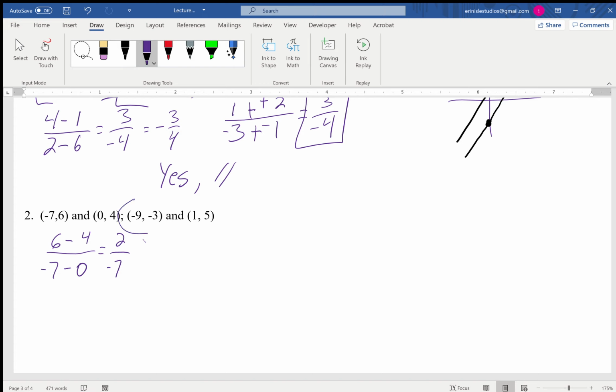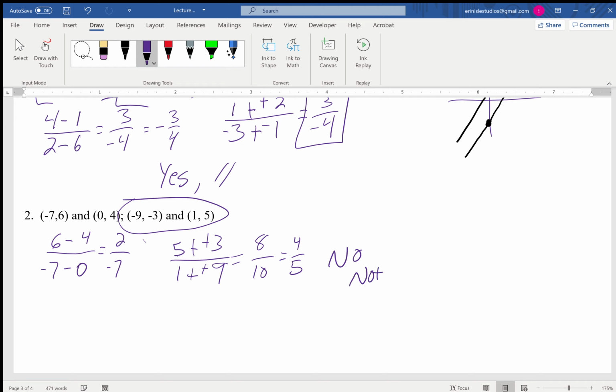On our second set, 5 over 1 minus negative 3, which is my y, minus negative 9. Plus a positive, plus a positive. So now I have 5 plus 3 is 8, over 9 plus 1 is 10. This simplifies to 4 over 5. No, not parallel.